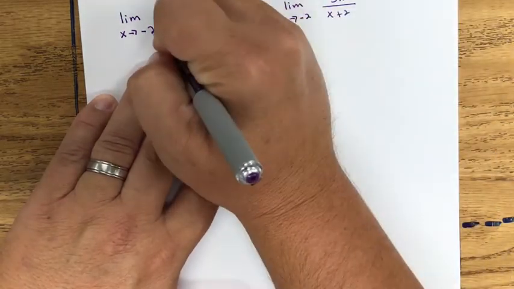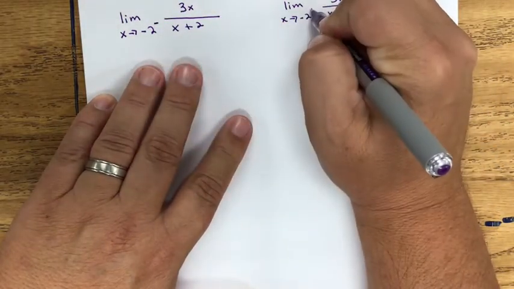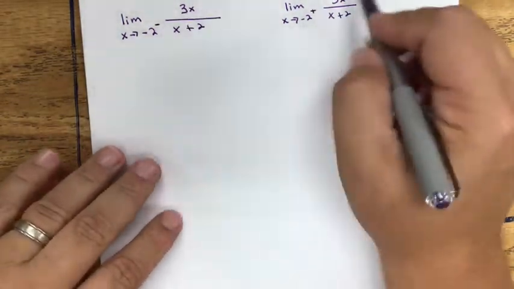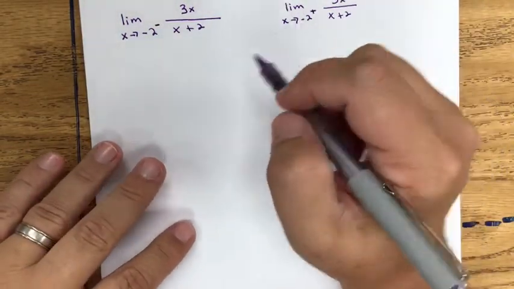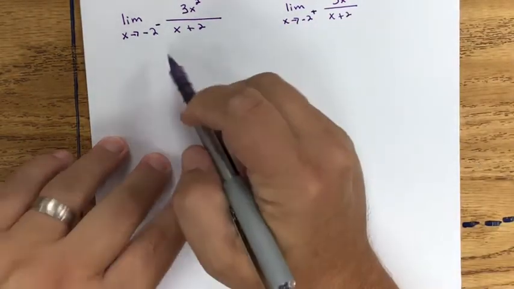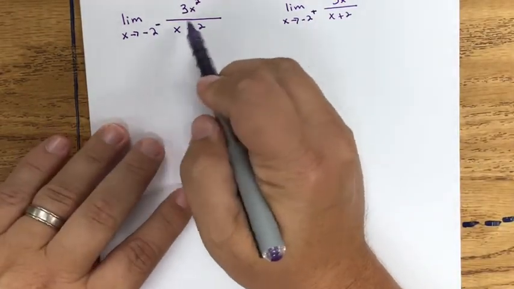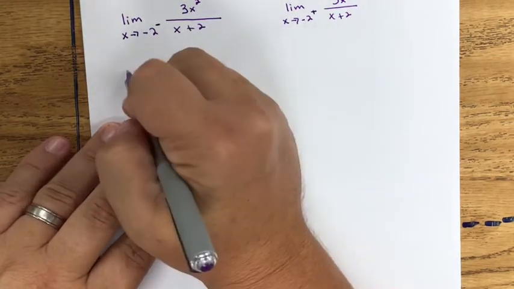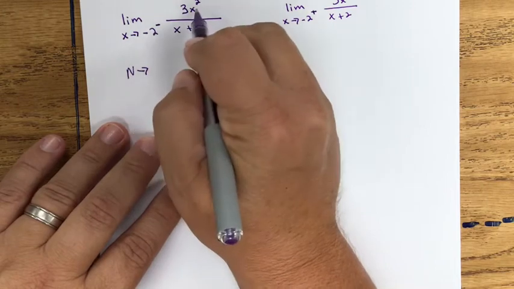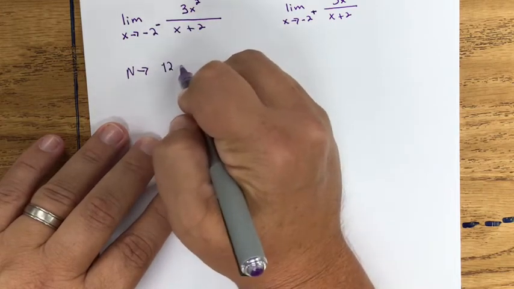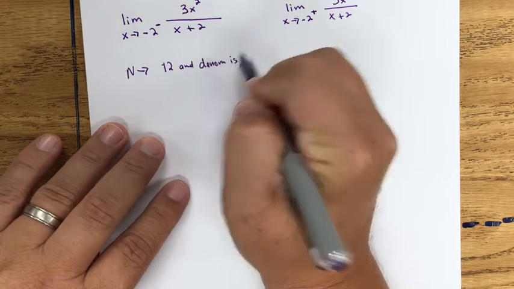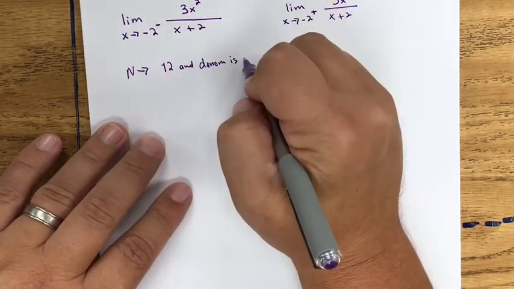We'll do this one from the left, and we'll do this one from the right. So here, if we put -2 into this, the numerator is approaching 4 times 3, 12, and the denominator is approaching 0, and is negative.